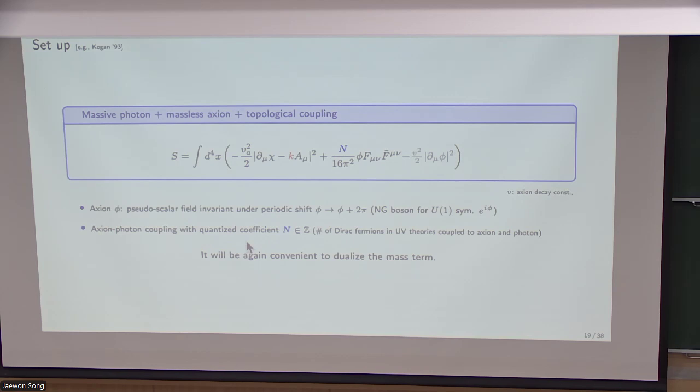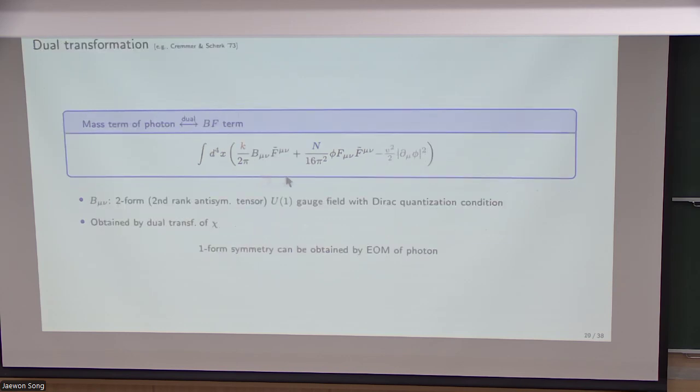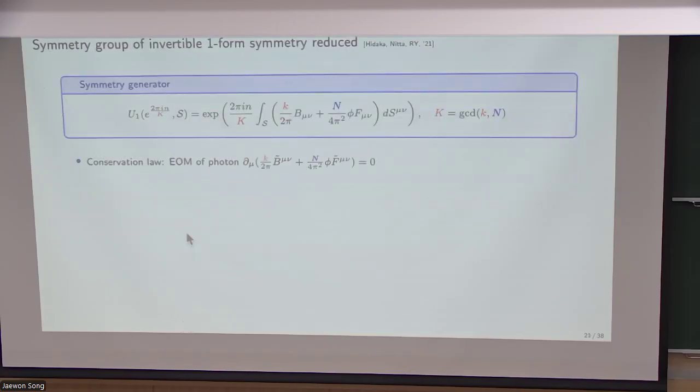It will again be convenient to dualize the mass term to the BF term. This is a dualized action, just replacing the mass term of the photon with the BF term. With this action, we can consider the one-form symmetry generator by the equation of motion of the photon. This is the symmetry generator of the one-form symmetry.